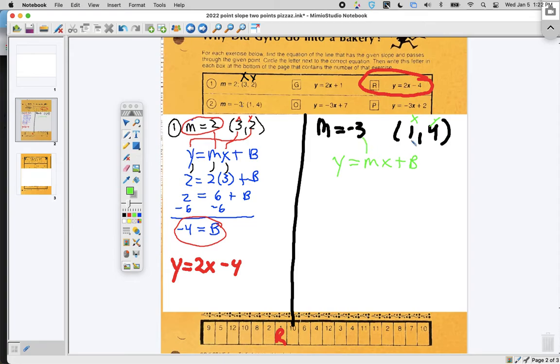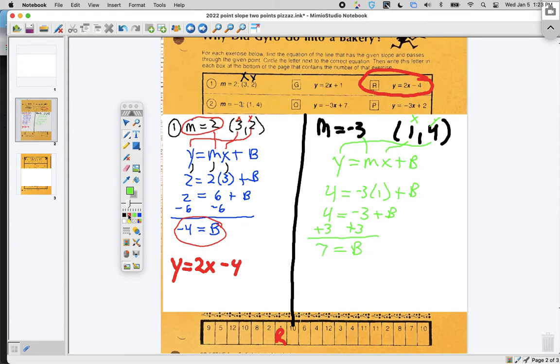M is -3, that goes there. X goes there. Y goes all the way over here. So 4 equals -3 times 1 plus b. Again, we're looking for b. So 4 equals -3 plus b. Now we've got to get b by itself, so I'm going to do the opposite, which is add 3 to both sides. So 7 equals b.